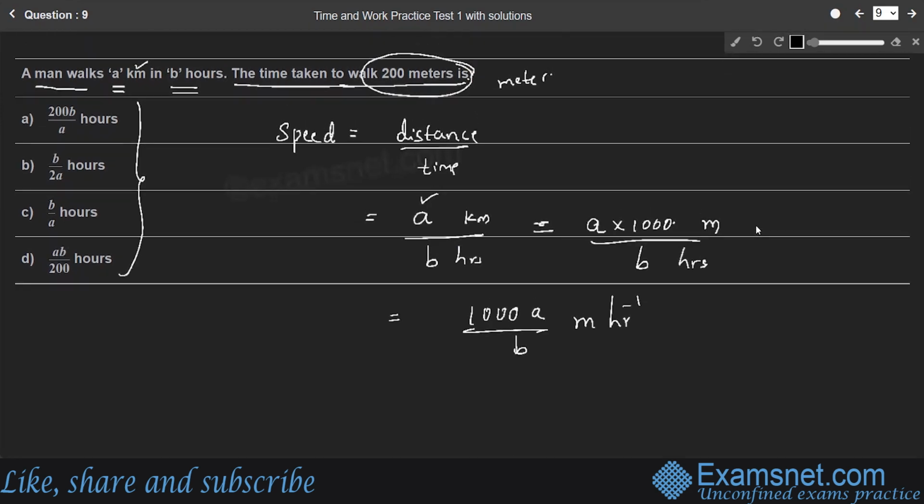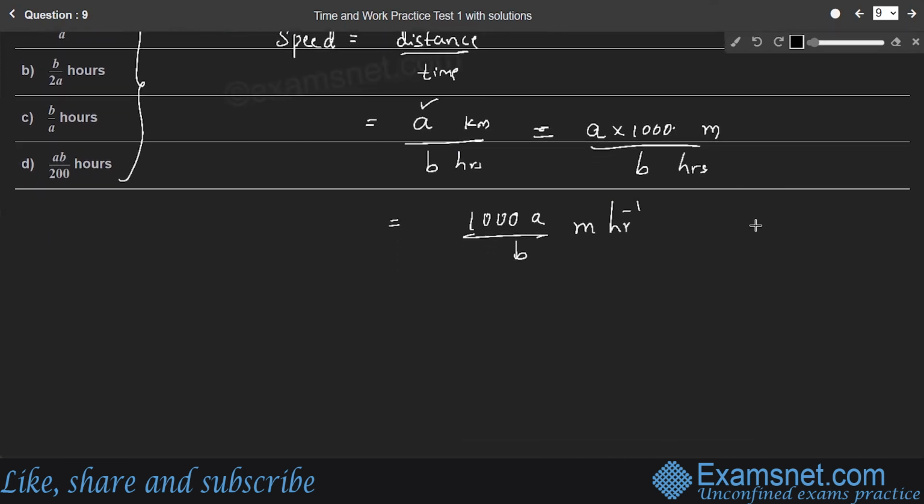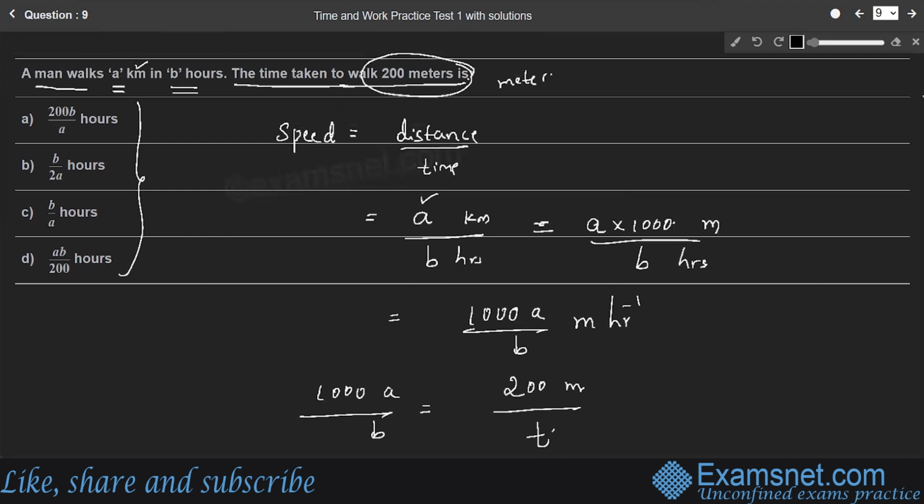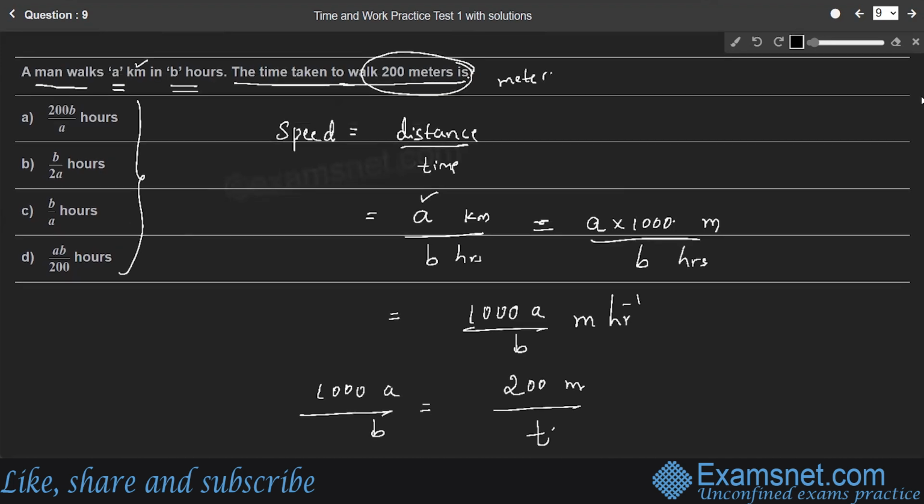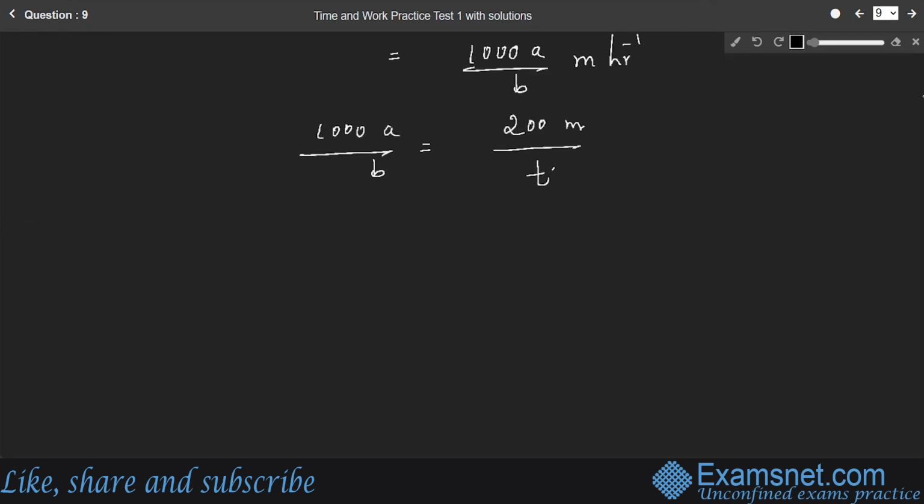So in the second case, the speed remains the same. Therefore, his speed 1000A by B is equal to distance by time, which is 200 meters by time taken by him, which is T, because speed is the same here. Simplify it. T is equal to 200B divided by 1000A. So 2 into 5 is 10.